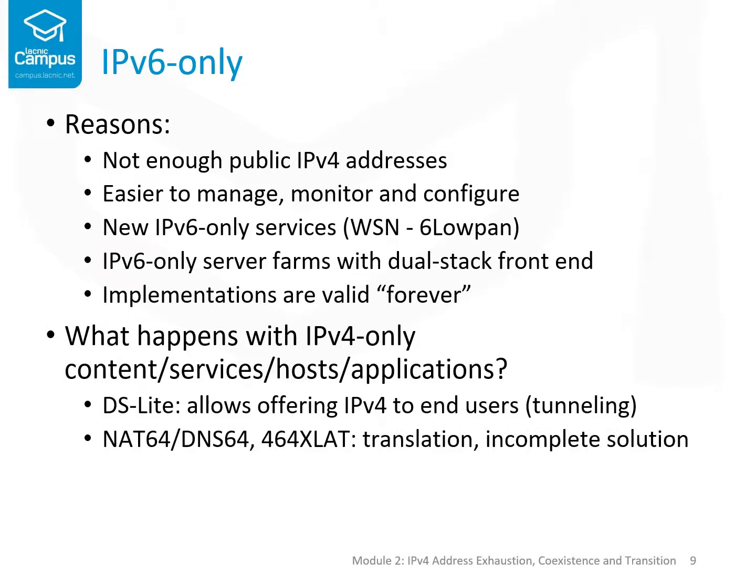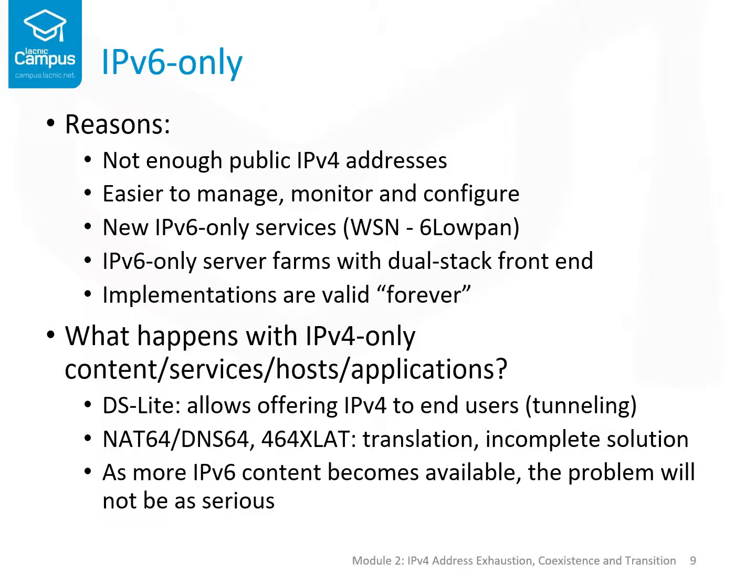The second is the use of transition mechanisms known as NAT64/DNS64 or 464XLAT that have certain limitations and which are not compatible with certain applications. As more content becomes accessible over IPv6, this problem will tend to decrease.